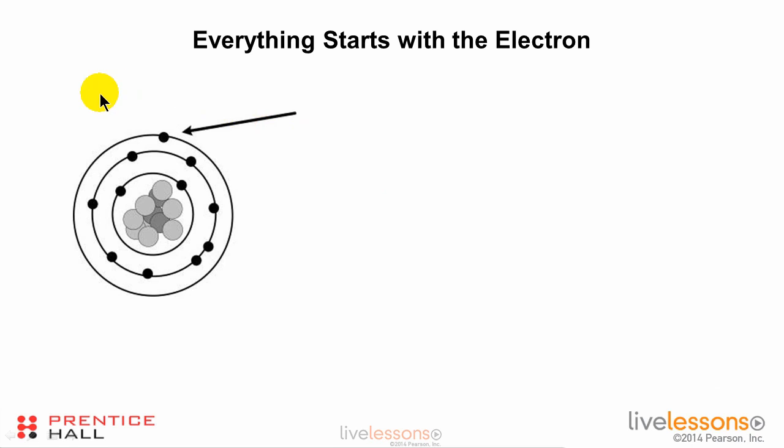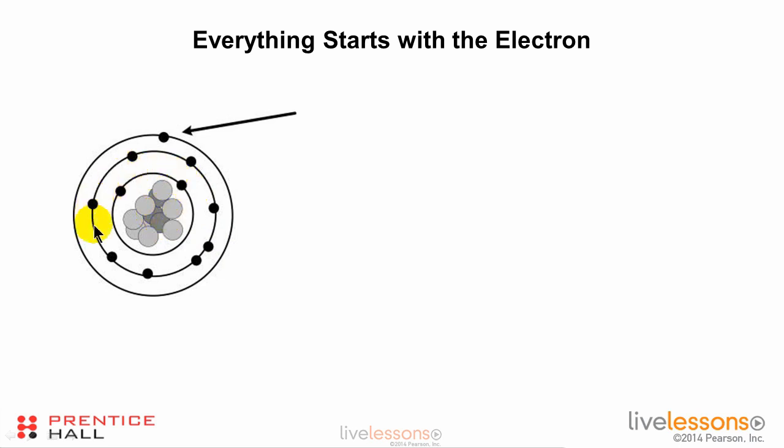Now, this is a model of an atom that was what we knew about 100 years ago. We now know that an atom is much more complex than this, but on the other hand, this is all we need to know to understand what the nature of current is. An atom consists of a nucleus that has protons and neutrons.